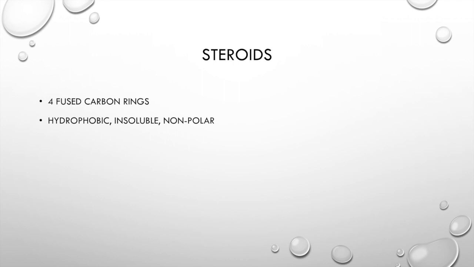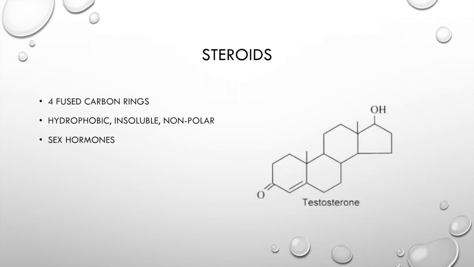Sex hormones like testosterone, estrogens, and progesterones are all steroids that control development of sexual traits and sex cells specific to males and females. Here is an example of one of the steroids. In this case, this is testosterone, and you can see those four fused carbon rings.